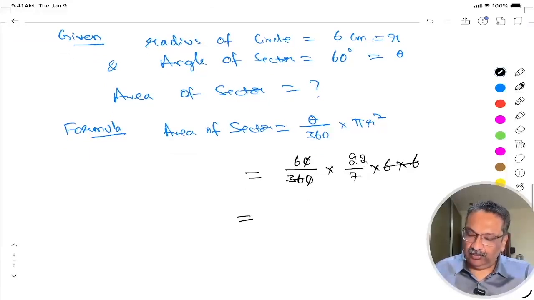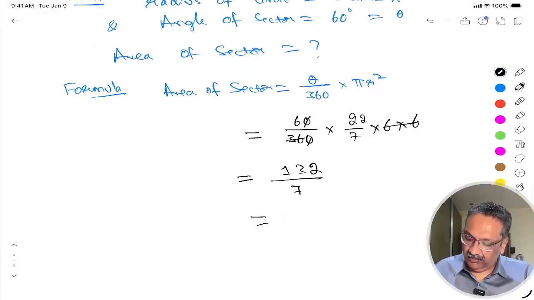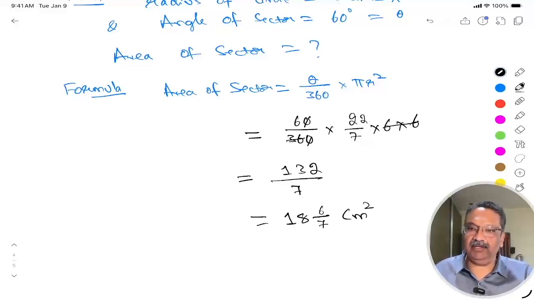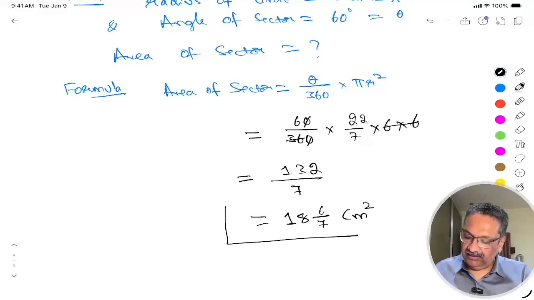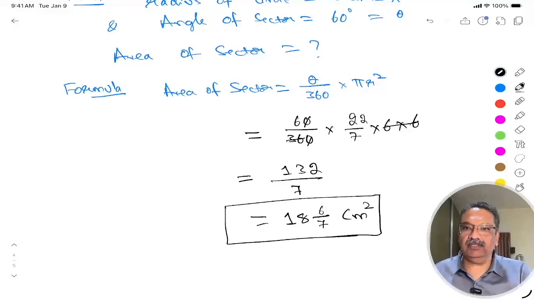So we got 22 by 7 into 6, which is 132 by 7, equal to 18 and 6 by 7 centimeter square. So area of the sector is 18 6 by 7 centimeter square.